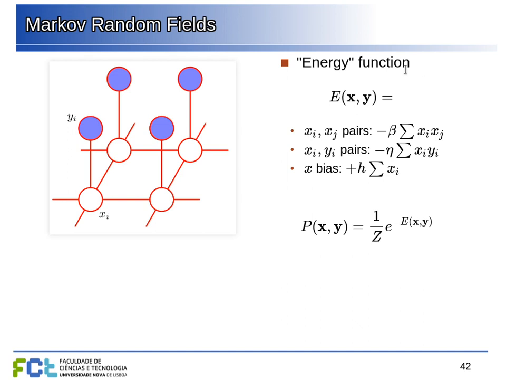But basically, we are creating this function that expresses what we think would happen in the true image. We have a contribution for the relations between the hidden variables in the neighborhood, so the neighboring pixels, and we have this beta factor here with the product of the values of the pixels.